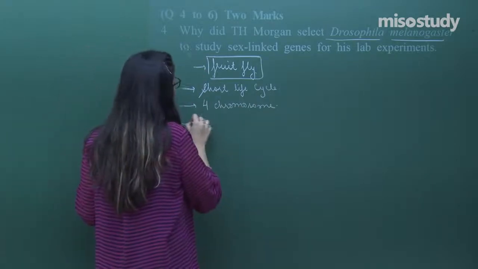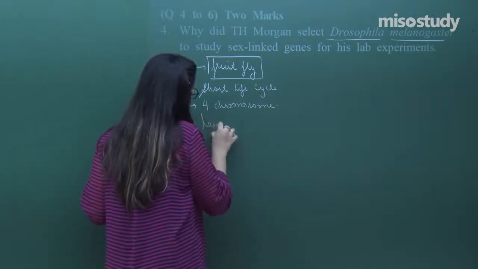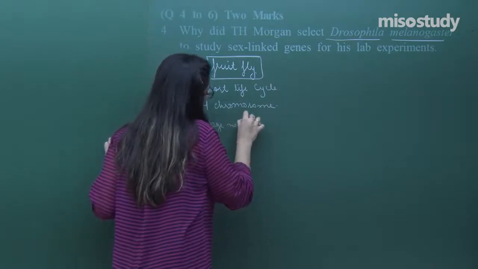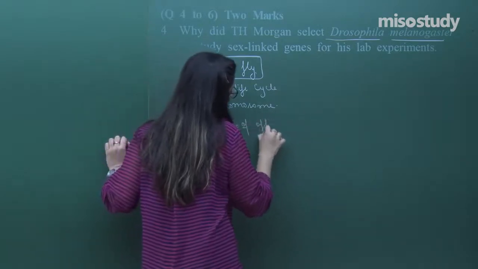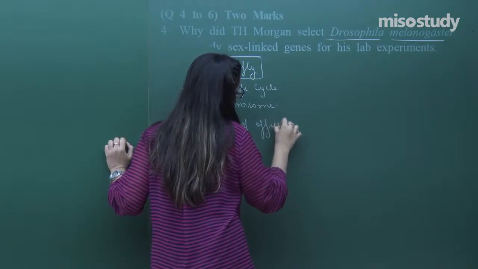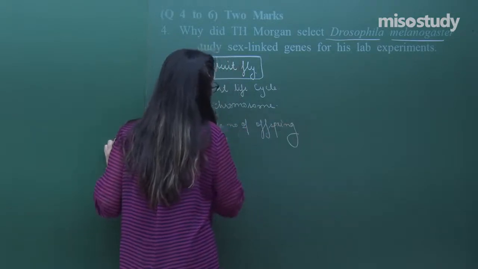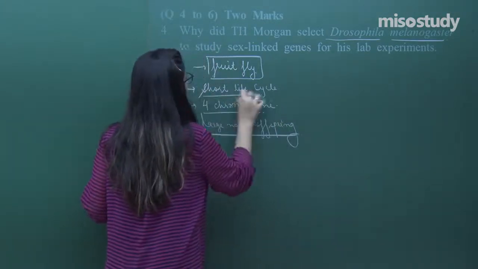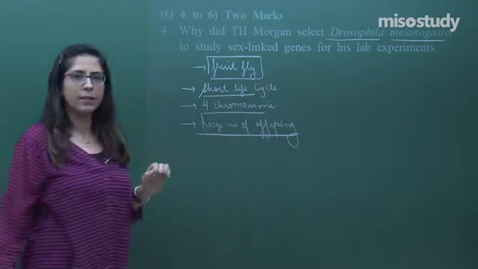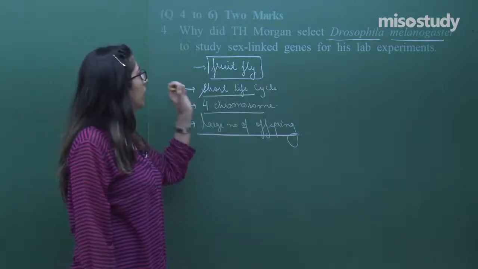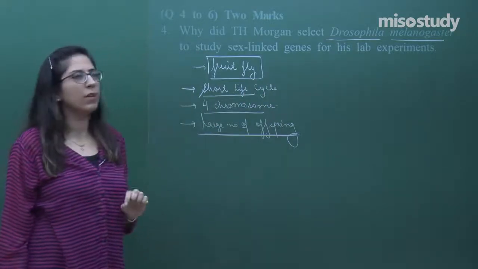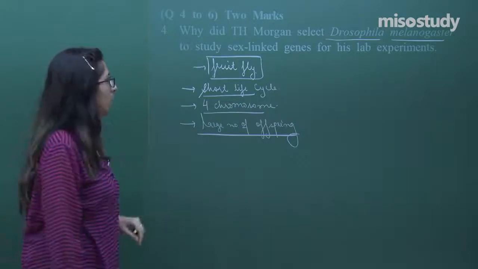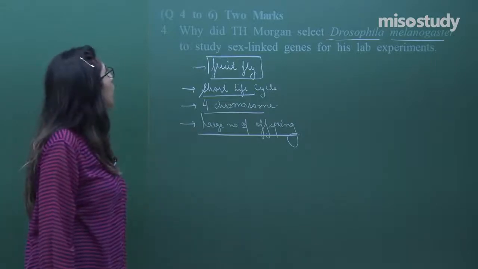Also, they produce a large number of offspring. So that is why he took only a fruit fly, which is called Drosophila melanogaster, in the studies. So let's move towards the next question.